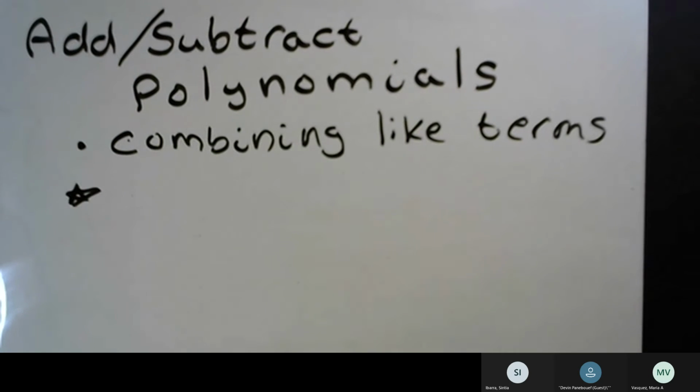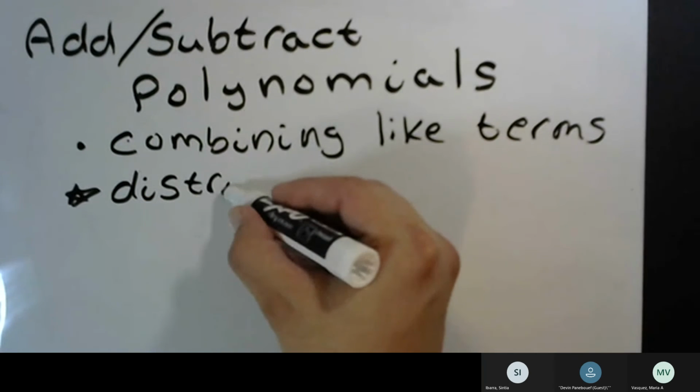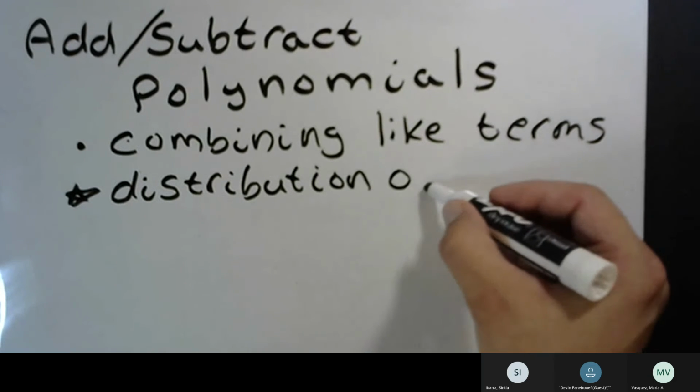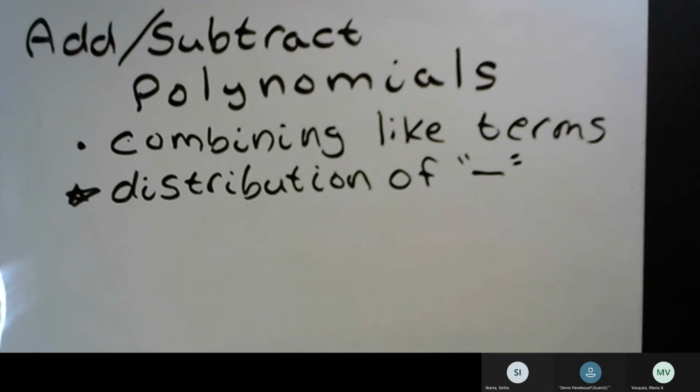And sometimes there'll be distribution, sometimes distribution of a minus sign. But for the most part, that's what it's going to be. So let's take a look at an example.